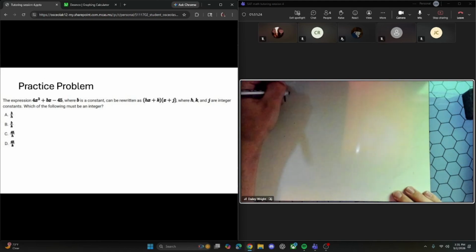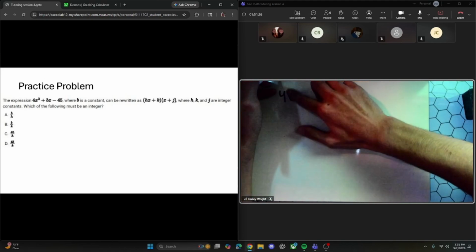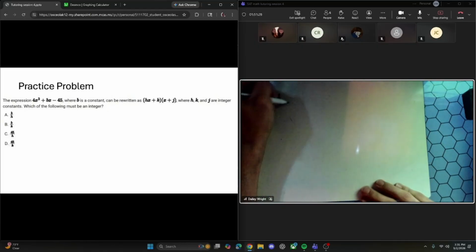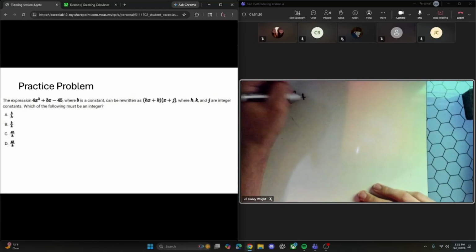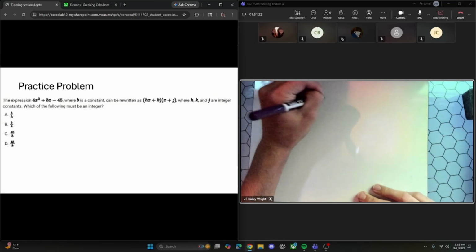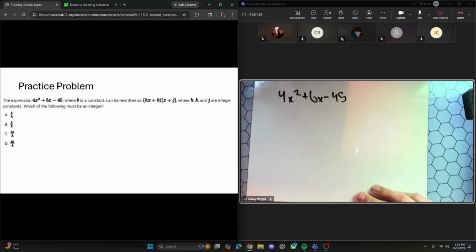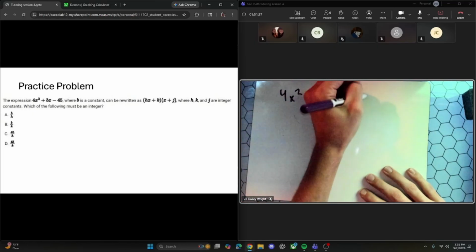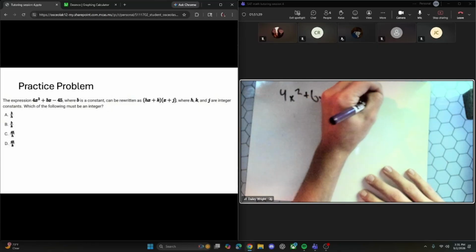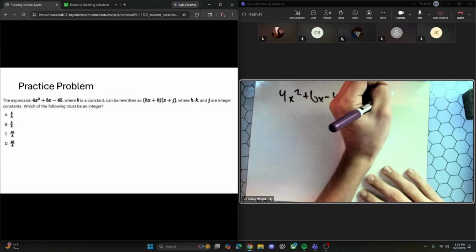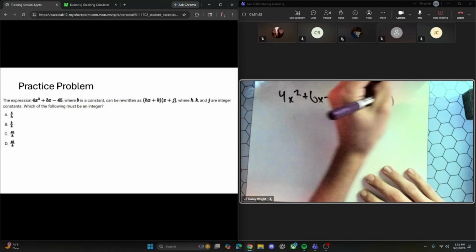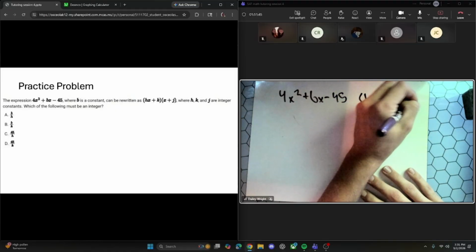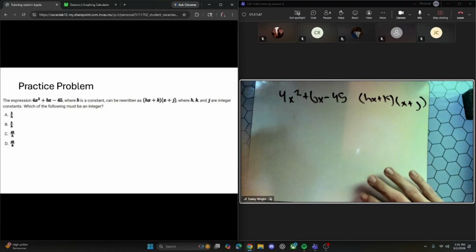So we know 4x squared plus bx minus 45 can be rewritten as (hx plus k) times (x plus j).